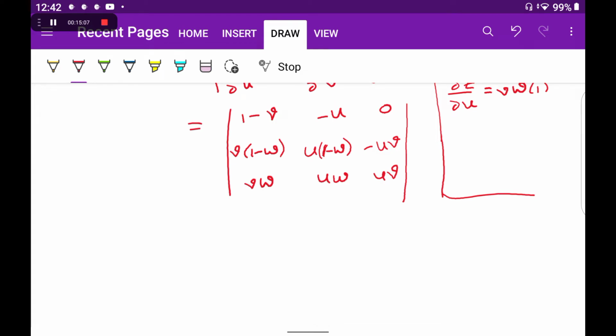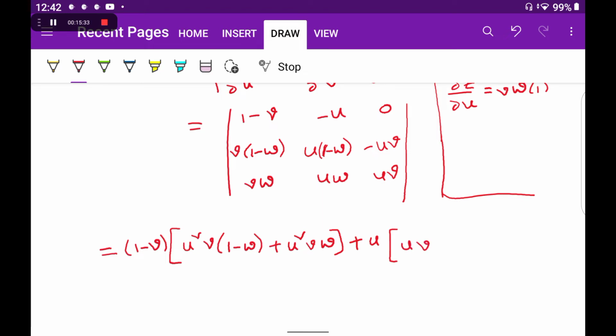So this is the determinant. We have to find out this determinant. It is 1 minus v into u square v into 1 minus w, so minus and minus plus u square vw, plus u into uv square into 1 minus w, minus and minus plus uv square w, plus 0, because this is 0, we get the third term as 0.